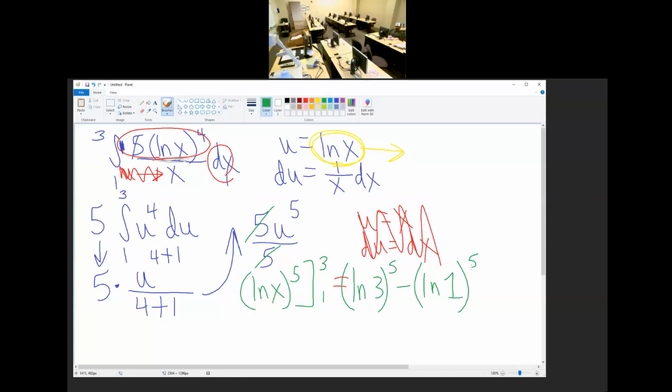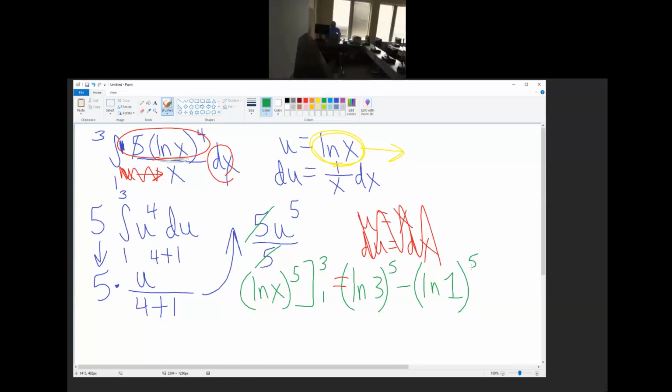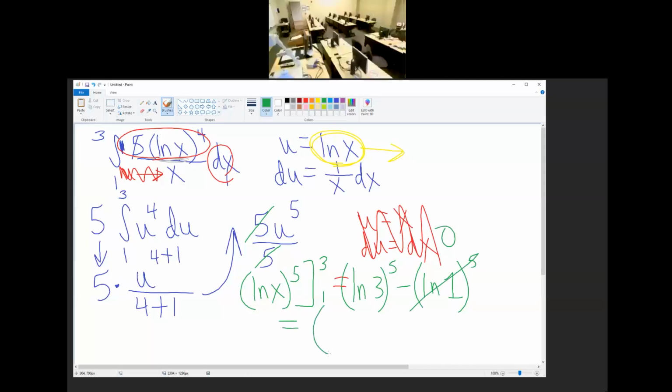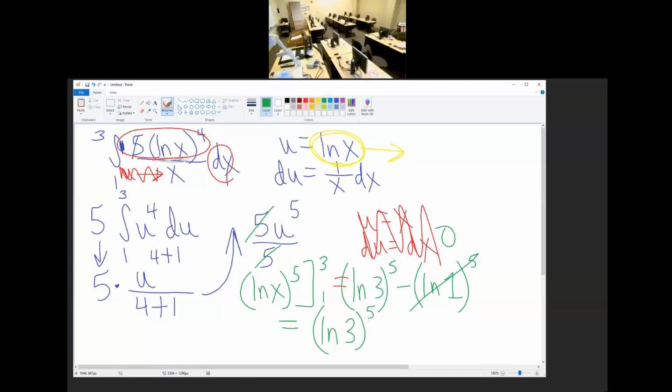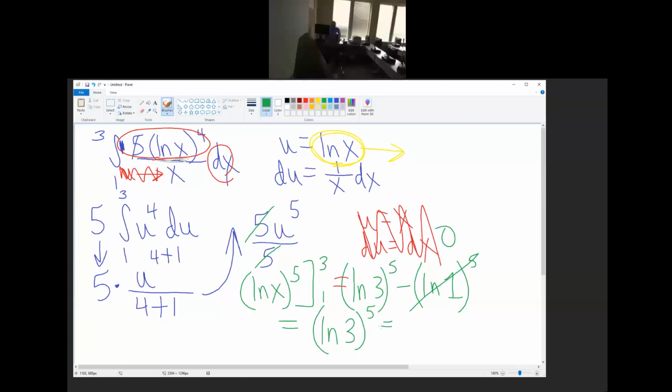The natural log of 1 is 0, so that second part goes away entirely. Our final answer is just natural log of 3, all raised to the 5th power. If you took it a step further and moved the exponent in front and made it 5 natural log of 3, I would mark that correct also.